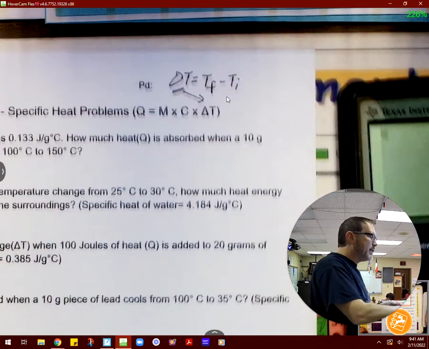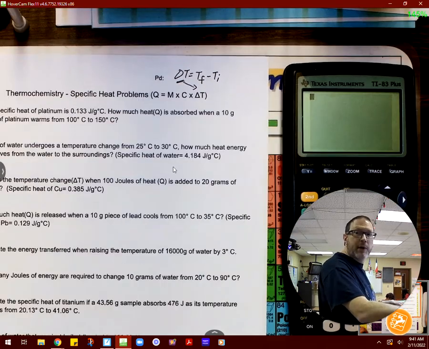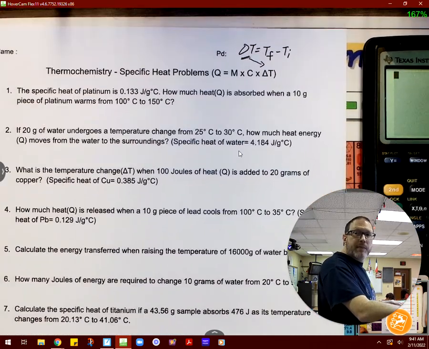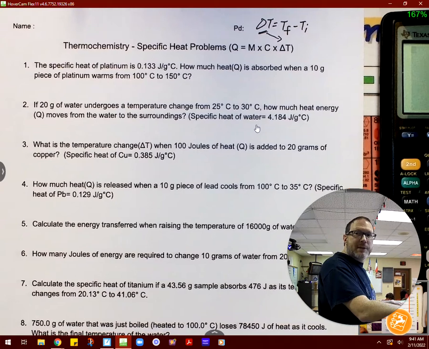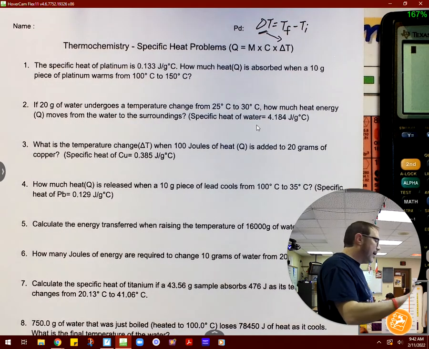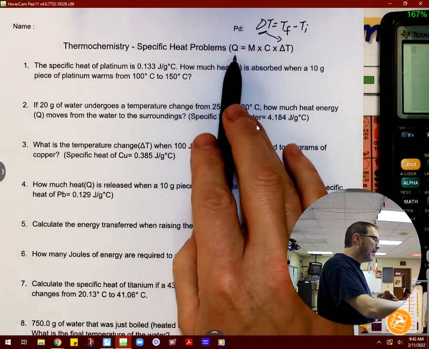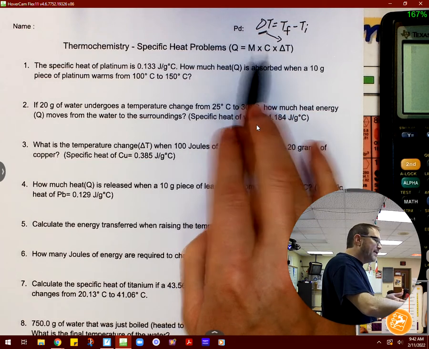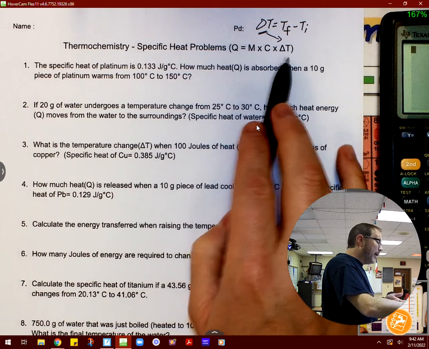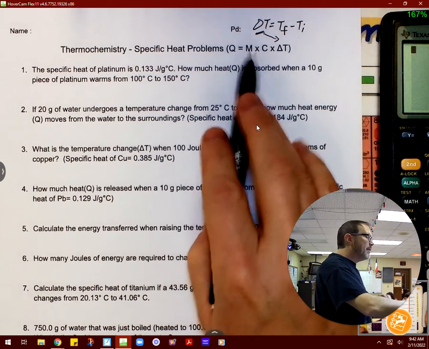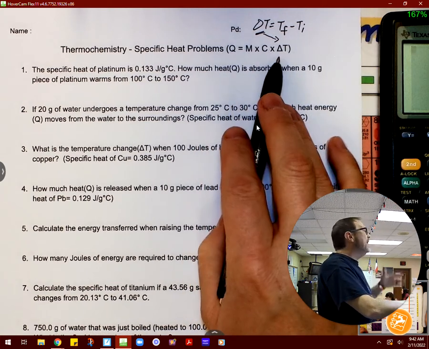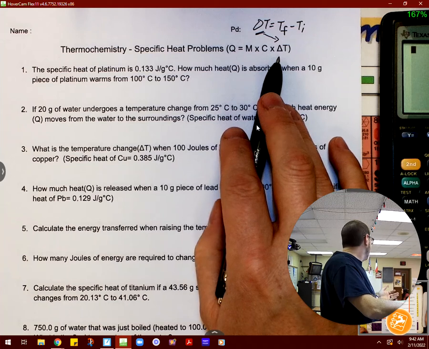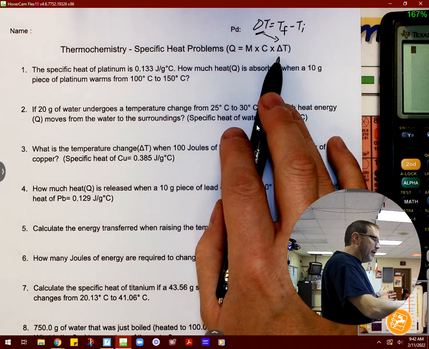What I wanted to do today is look at a few of the problems on this paper, just so you could have some examples to look back on as you work the rest. Now, if you're given a problem that's just asking for Q, that's easy, because all you have to do is identify these other three variables and multiply them together. It's when they start asking for some of these other variables that it might get a little bit trickier, but I'm going to show you a way to make it a lot easier on yourself.